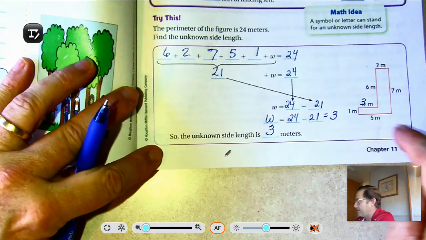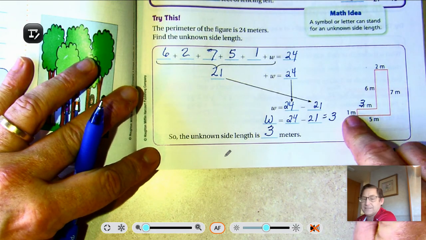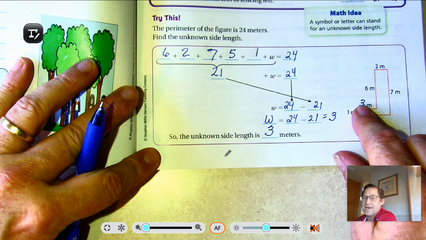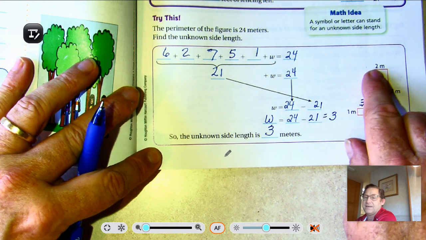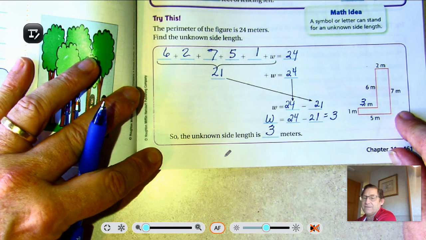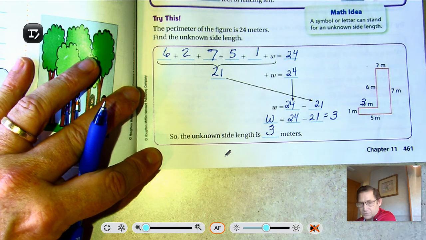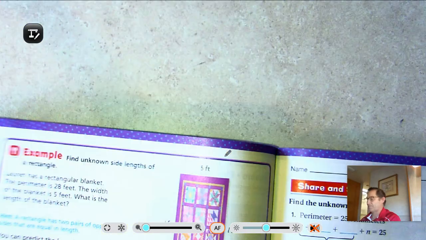Okay, we can confirm that if we add this up now, it should add up to 24. Let's see. 5 plus 1 is 6. 6 plus 3 is 9. 9 plus 6 is 15. 15 plus 2 is 17, and 17 plus 7 is 24. So that's confirmed. Okay, page 462.